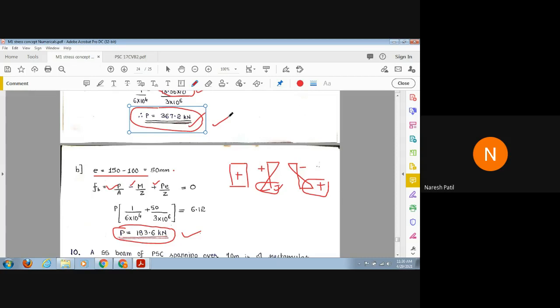So what can you conclude? What can you say, looking at the answer? Yes, Aishwarya? Any idea? Jyoti? Yes, anyone? Sir, E is directly proportional to P, sir.